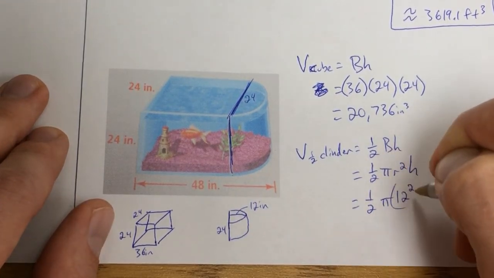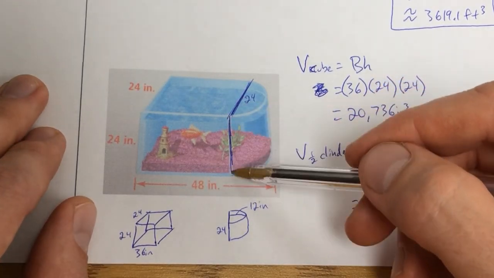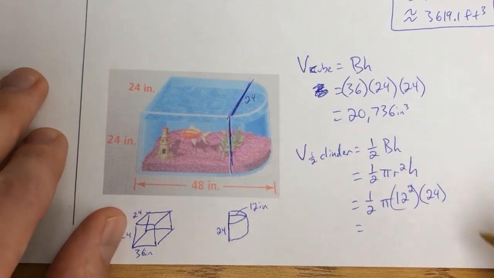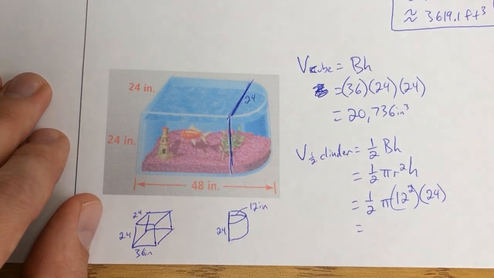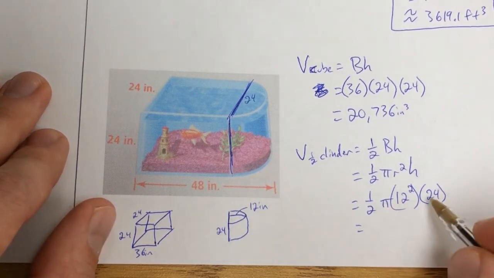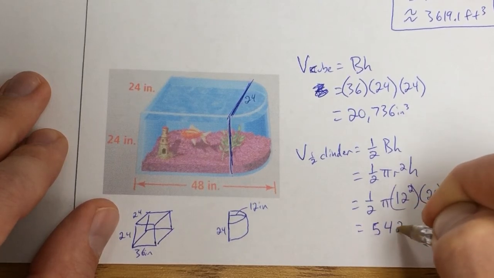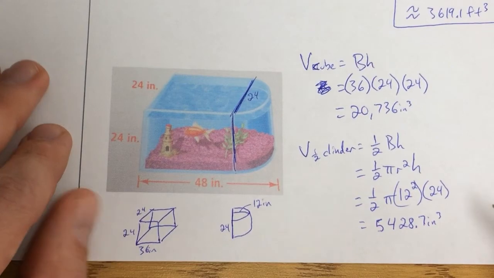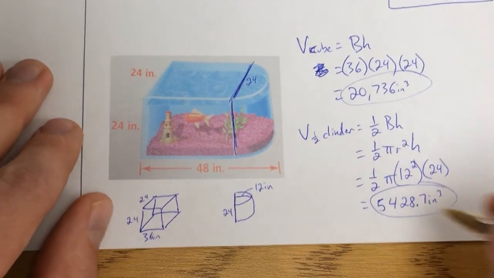So 12 squared, times the height of the whole thing was 24 inches. Same thing as I marked. So 1/2 times pi times 12 squared times 24. All that together, I'm just going to plug it in the calculator. I get 5,428.7 inches cubed.